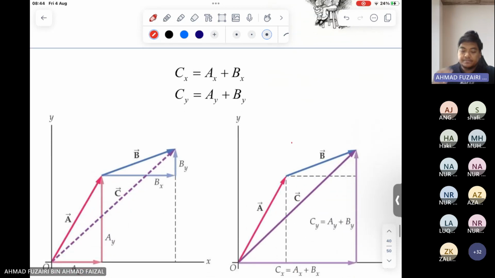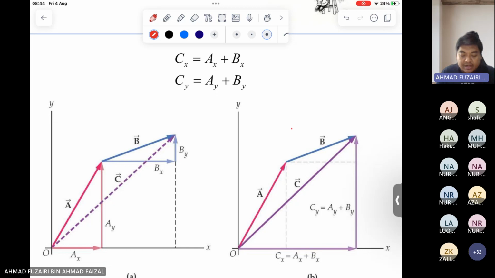Right. So, for example, we have vector C. Okay. Vector C ni dapat daripada mana? Okay, kita tengok satu-satu persatu. Vector A, dia ada AX, dia ada AY. Okay. Maknanya vector A, dia ialah datang daripada AX dan AY. Vector B pun sama.